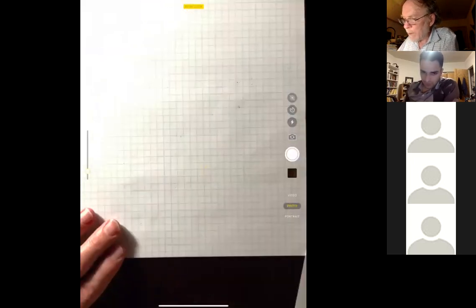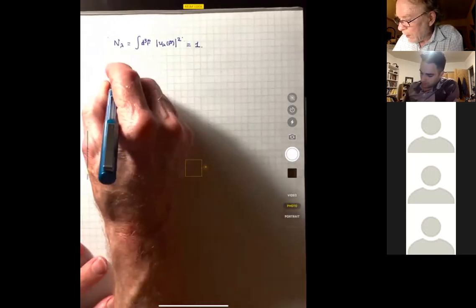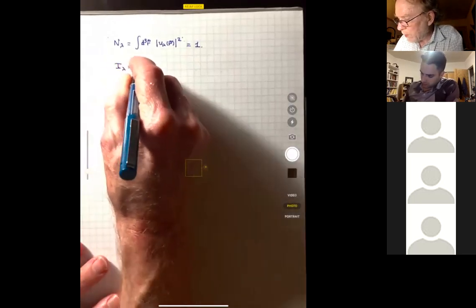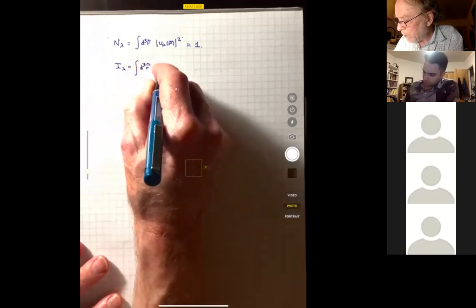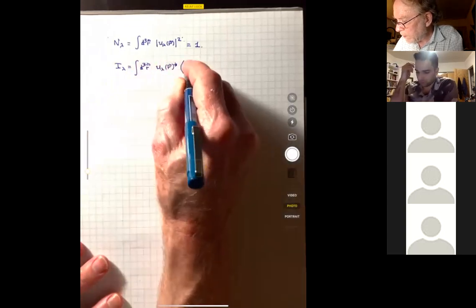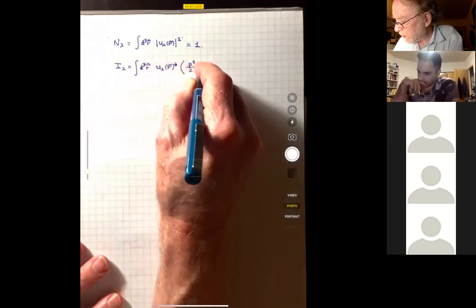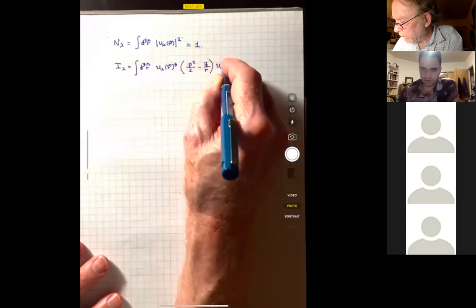And let me go over to my other page here where I'm accumulating a table of integrals. So I sub lambda then is equal to this. It's the integral d cubed r of u_lambda of r complex conjugated times p squared over 2 minus Z over r times u_lambda of r.